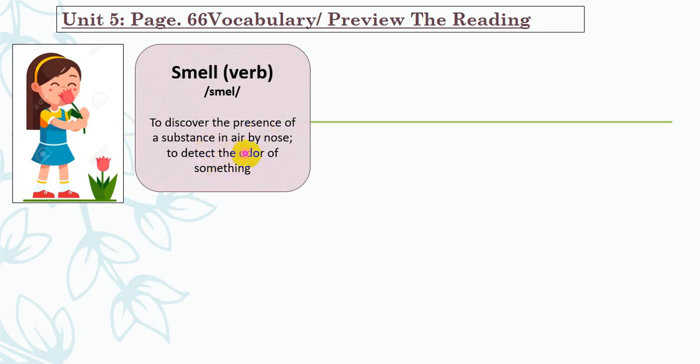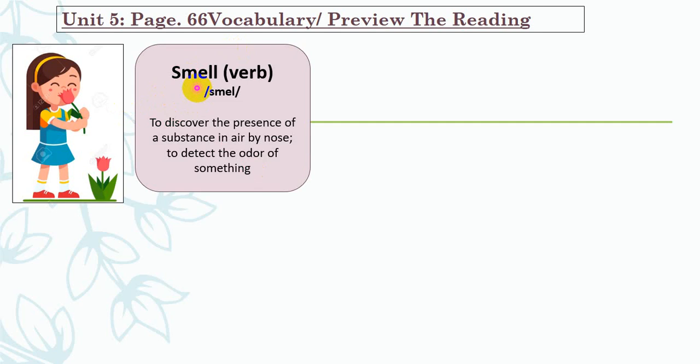Odor is how that thing smells, okay? So she's trying to discover or detect the smell of something like a rose, or it can be food, or it can be a perfume. So smell is one of your senses. Basically you have 6 senses, but mainly we consider 5.